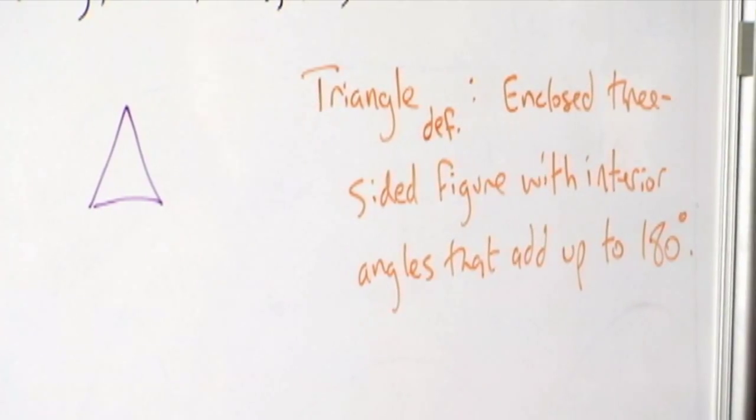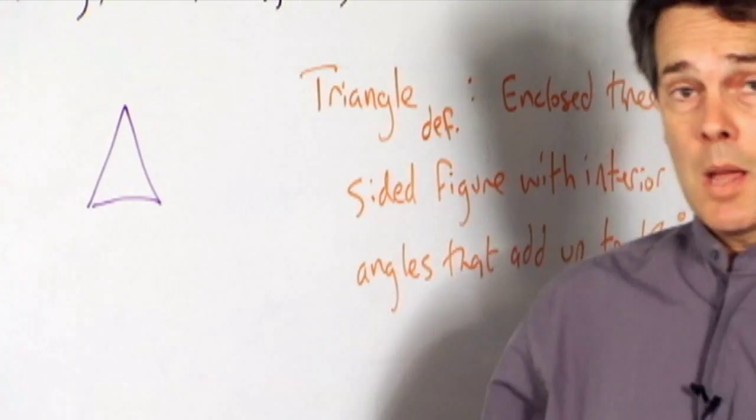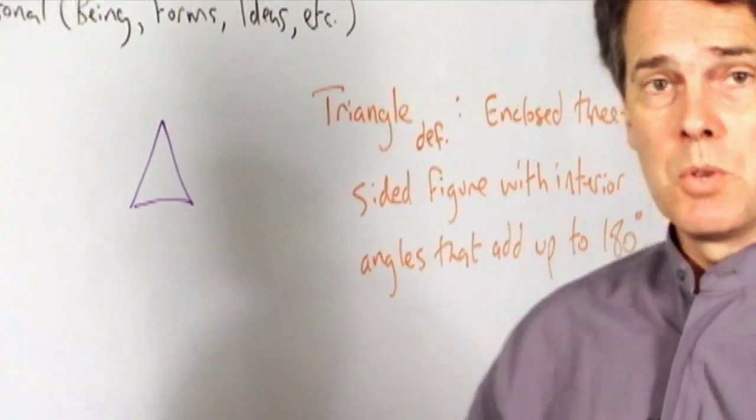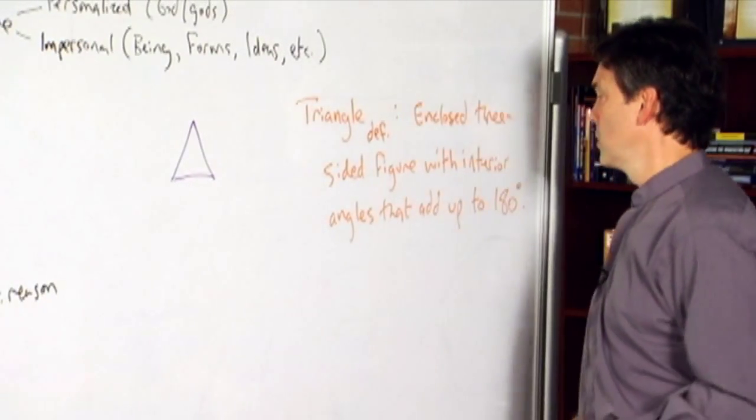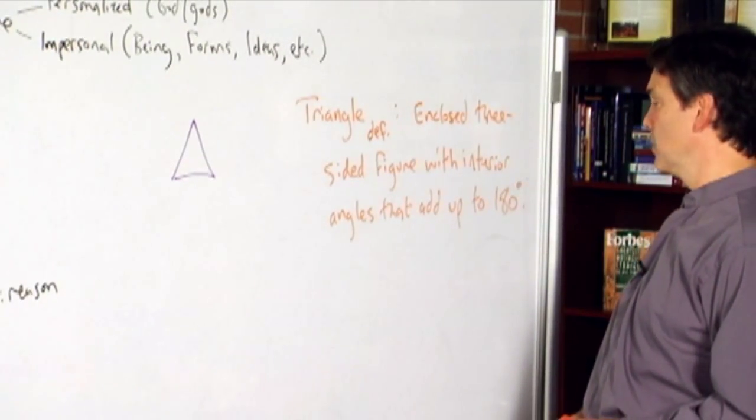Fair enough? And that captures, I think, the central insight that most of us have about what a triangle is. An enclosed three-sided figure with interior angles that add up to 180 degrees.